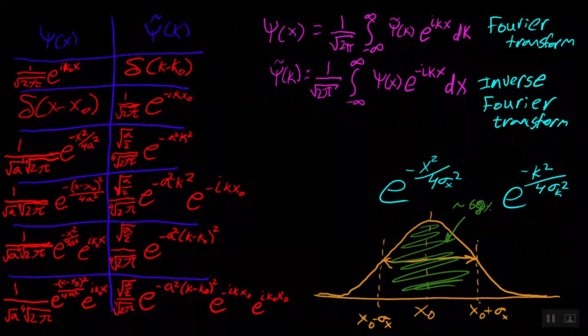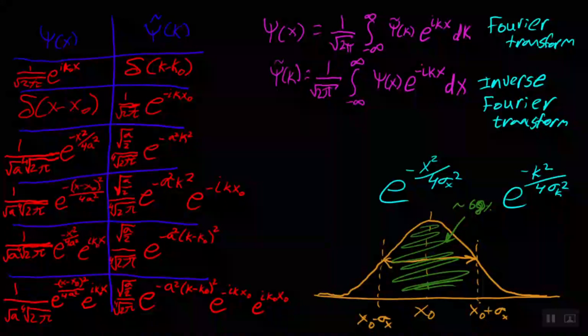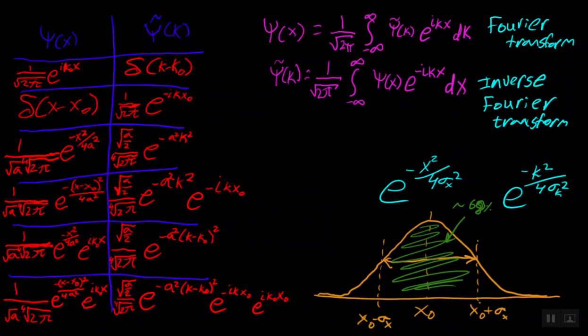Specifically, we know there's some minimum uncertainty between knowing the position and knowing the momentum, or knowing the position and knowing the wave number. And I'm going to show you here that, in fact, the Gaussian has that minimum uncertainty.